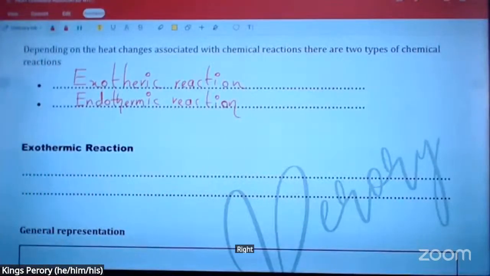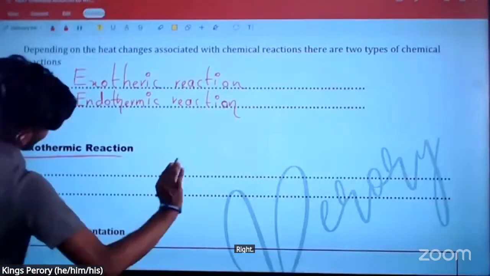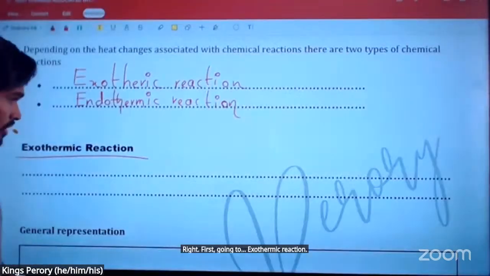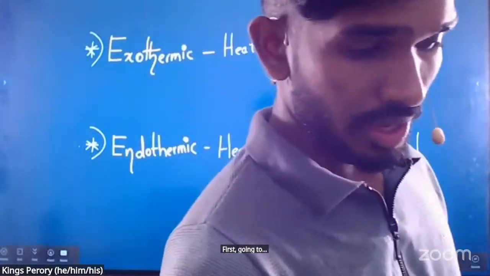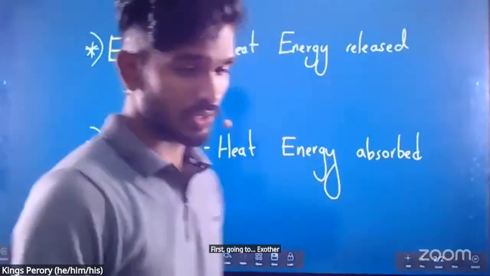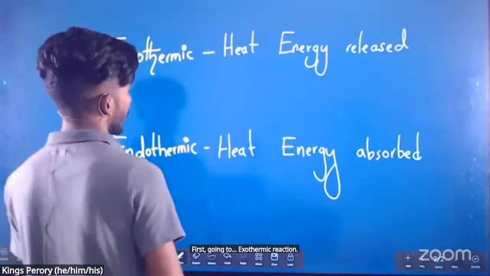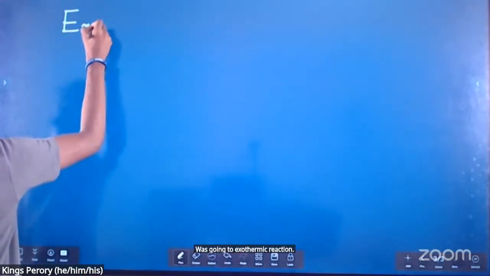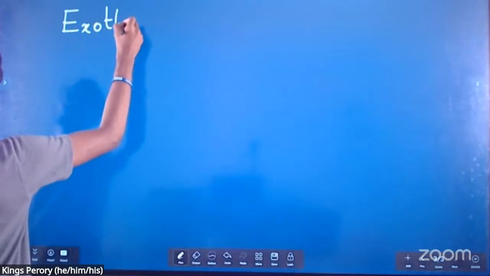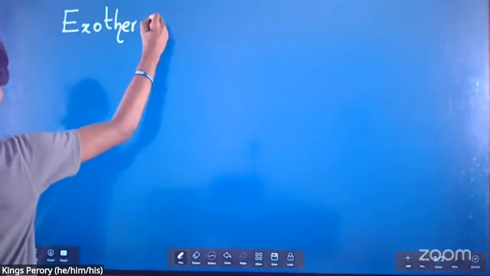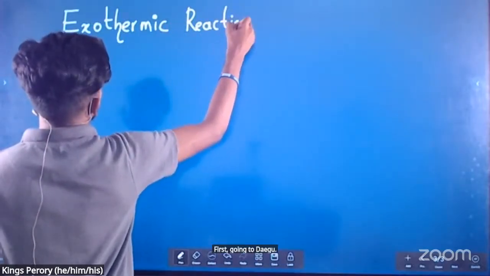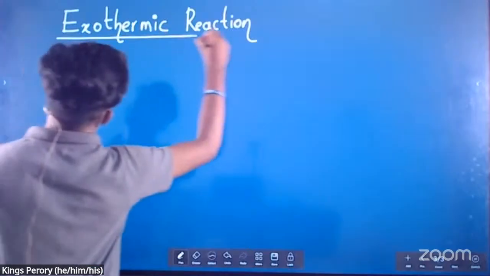Right. First, we are going to exothermic reaction.